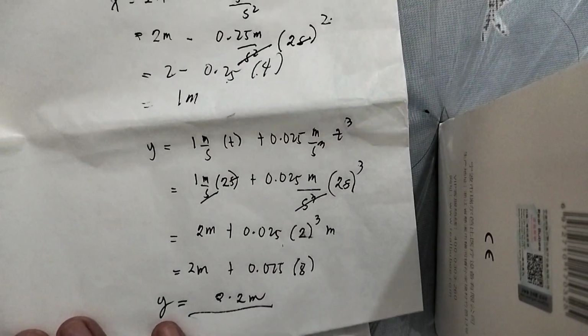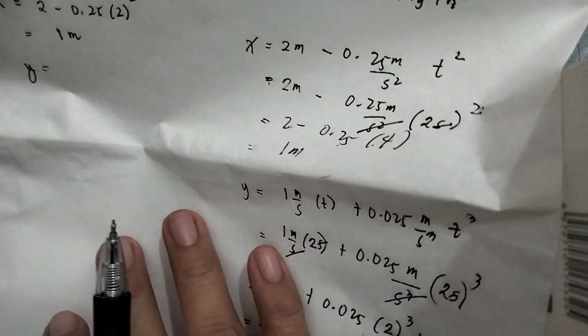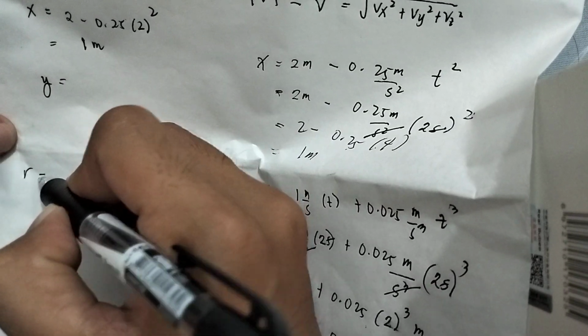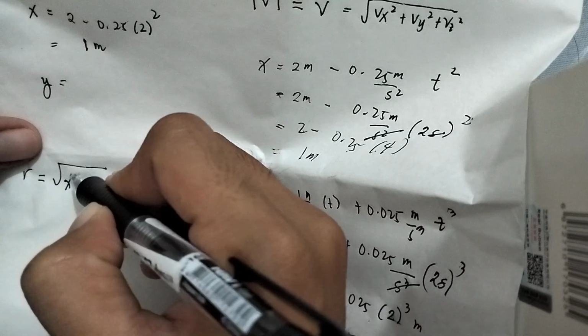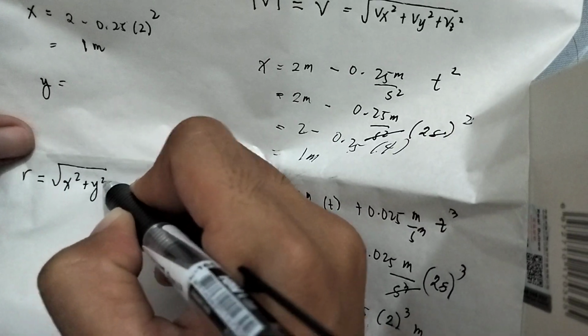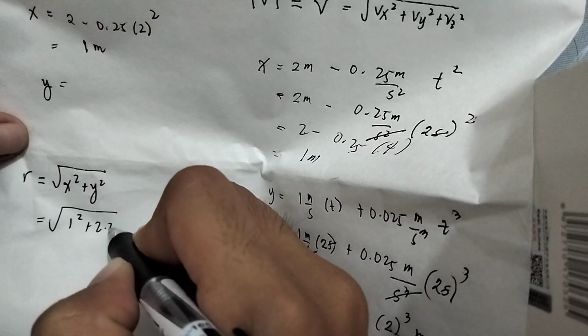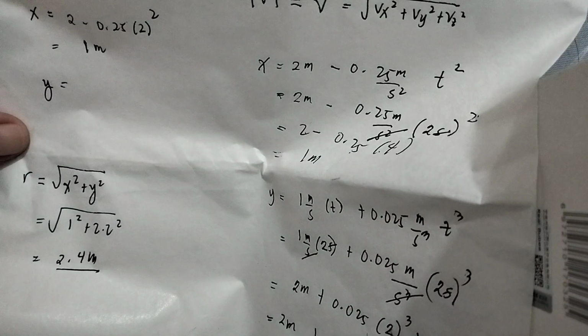So, the rover distance from the origin is given by the magnitude. So, r is the square root of x squared plus y squared. So, 1 plus 2.2 squared, you have 2.4 meters.